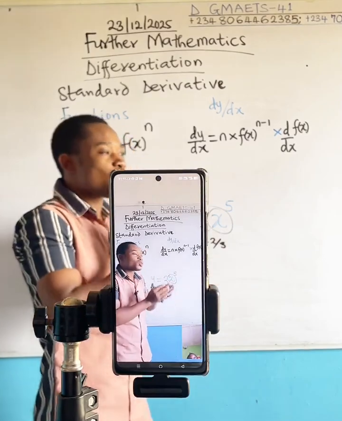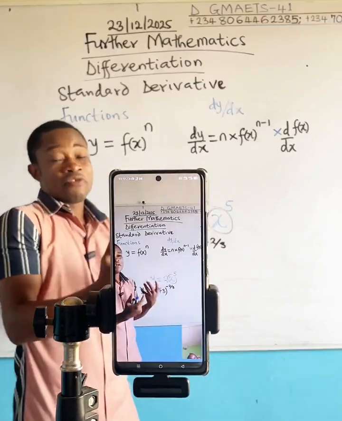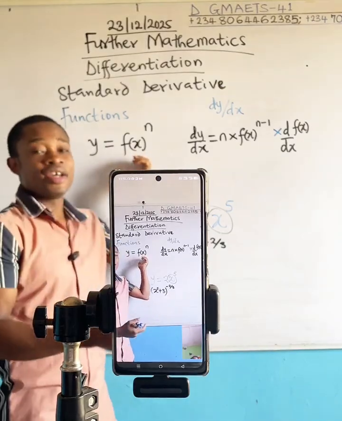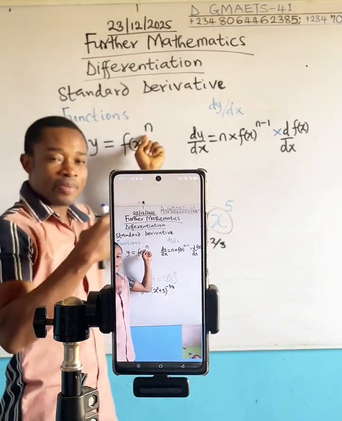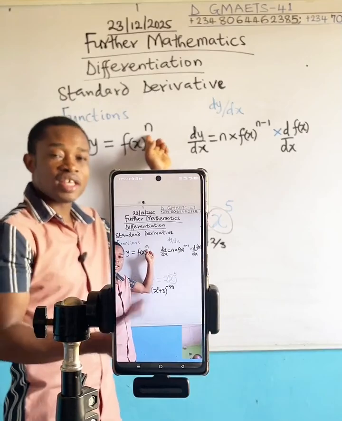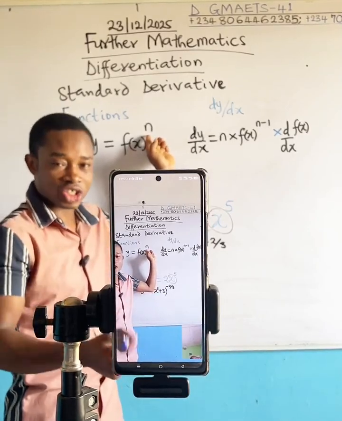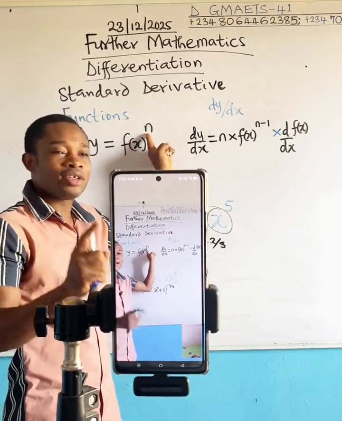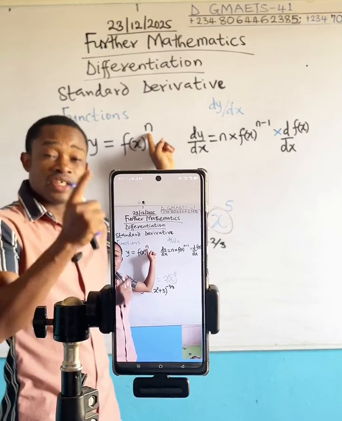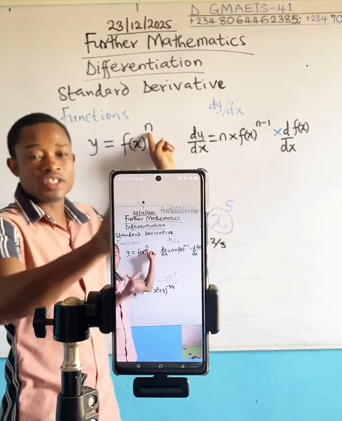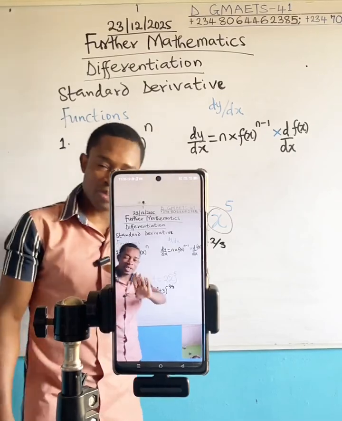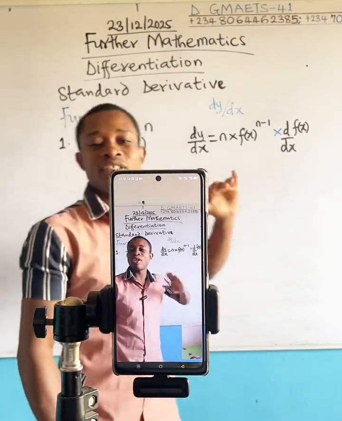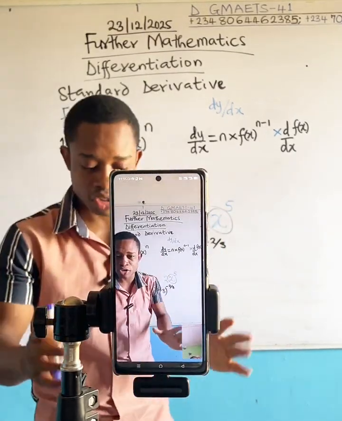The only reason we are sometimes worried about calling it polynomial is that this power can be any type of number. It can be positive, it can be negative, it can be a whole number, it can be a fraction. But polynomial specifically is just a whole number, positive always. But please permit me, we are going to be calling this type of function polynomial function. Are you getting me right?